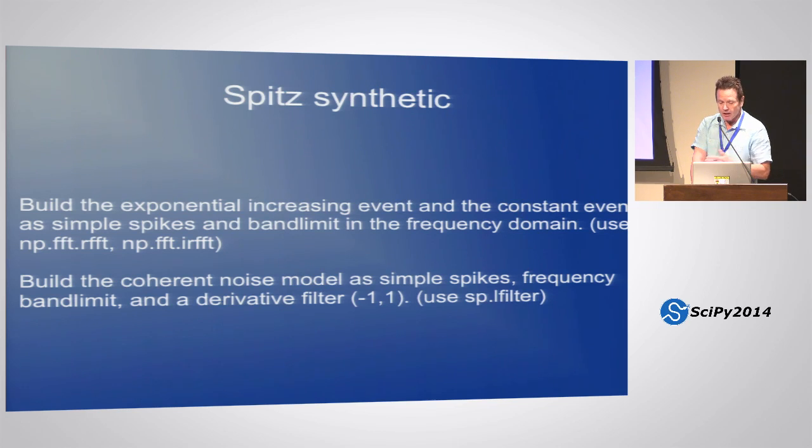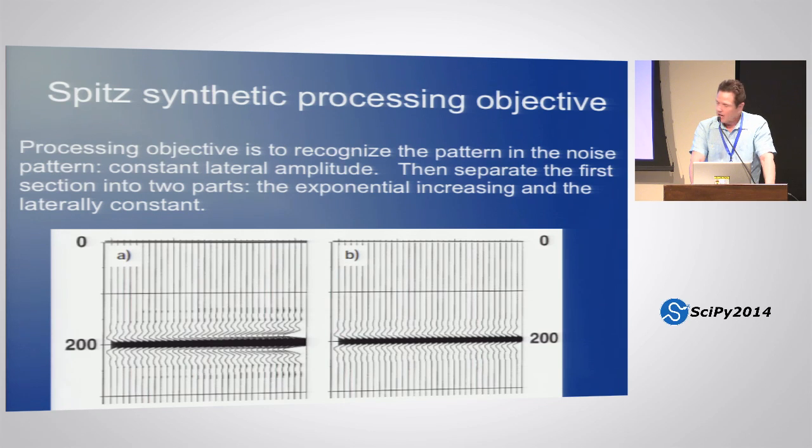And for the coherent model, I created that just by applying a negative derivative filter to the traces. And then when you split the objectives, these figures are just copied straight out of Spitz's paper. He says, see, this is my synthetic, and he describes it. And after I decompose it, these are the two components that I get out, and one of them has constant amplitude, and it looks a lot like the model of the noise I had, and so that's the one I'm going to throw away, and this is my signal.